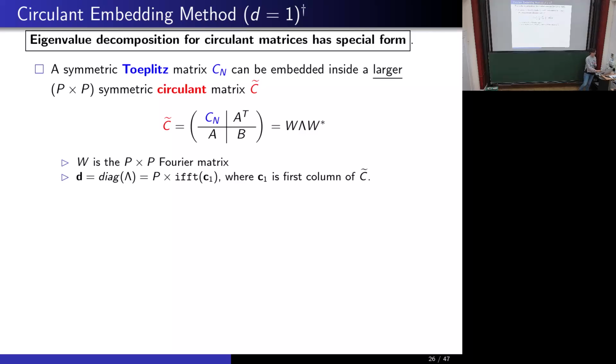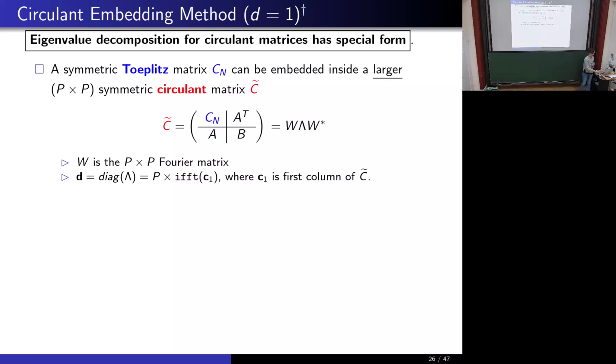But when it's circular, those eigenvalues can be computed by only knowing the first column and then taking the inverse discrete Fourier transform. That's the MATLAB command for the inverse discrete Fourier transform, and that's all you need.